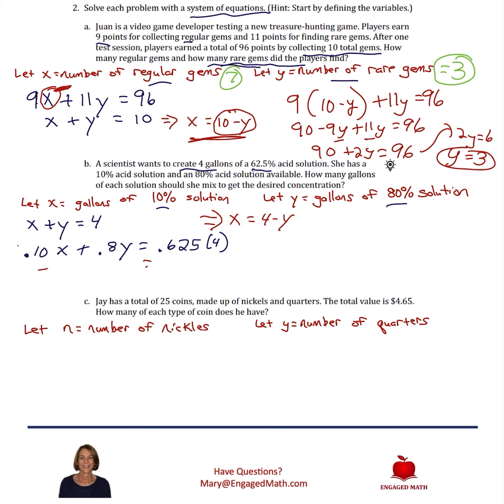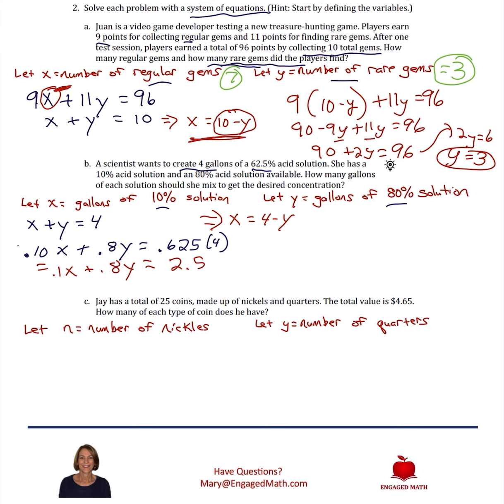So I'm going to rewrite this right-hand side as 4 times 625 1,000ths, you can use the calculator, that is going to give you 2.5, excuse me, my bad mental math, 2.5 or 2 and 5 tenths. And then here I'm going to rewrite it as 0.1x plus 0.8y.